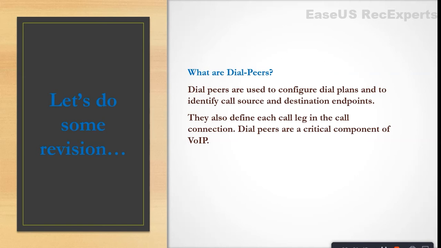They define each call leg in the connection, and they are a very critical component for call routing when we have SIP or H323 in the call flow. The exception is that we don't need dial pairs when we have the MGCP protocol configured on the gateway. We need dial pairs only when we have SIP and H323 gateways.